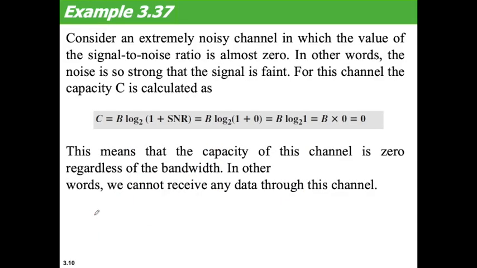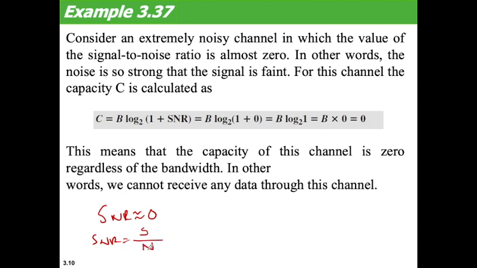So let's consider one example, 3.37. Here they have considered an extremely noisy channel in which the value of signal to noise ratio is almost 0. So that means the SNR value is almost 0. When the SNR value will almost be 0, think about it. The SNR is basically signal divided by noise, right?